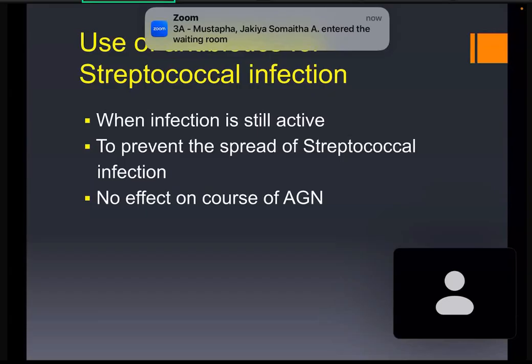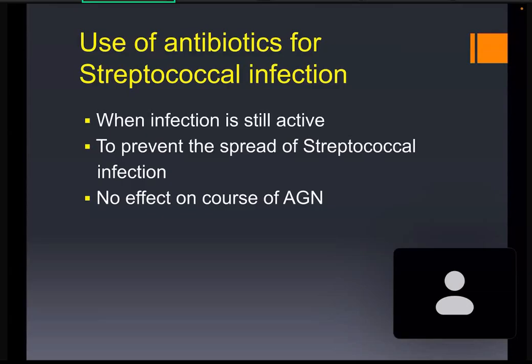So even if you give antibiotics, sometimes it does not alter the course of the AGN. Okay? Most of the doctors that I know give antibiotics if there is an active infection, like there's still cough or there are still skin lesions. But others don't do it anymore.